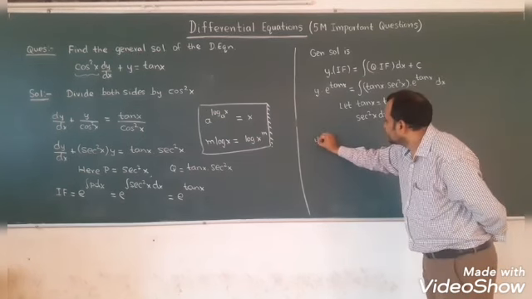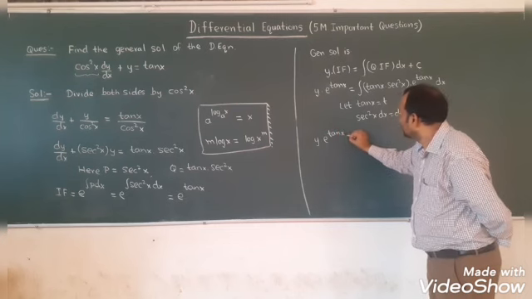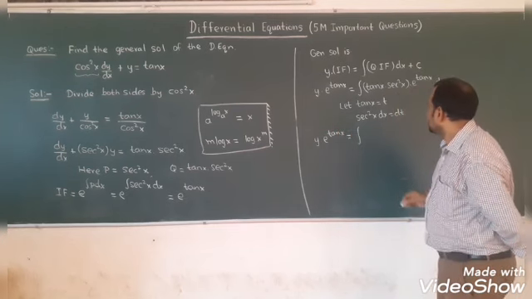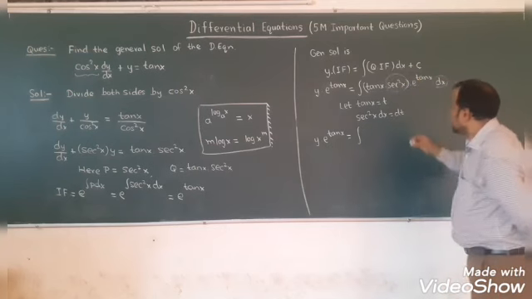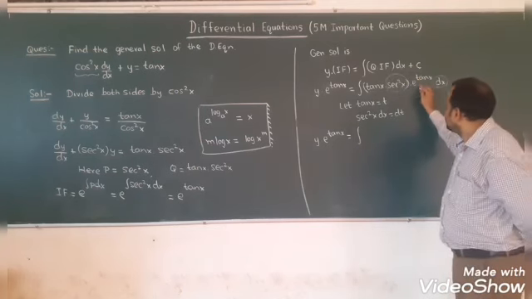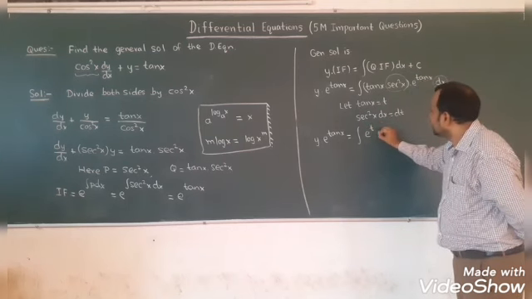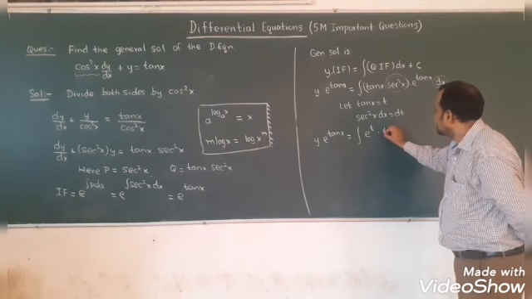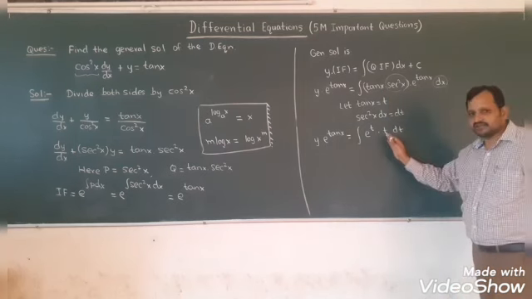So y into e power tan x is equal to, now see here, this secant square x dx we can write as dt. So what will you get? E power t will come from here because tan x is t, into t, and this dt. Now how to solve this integral?